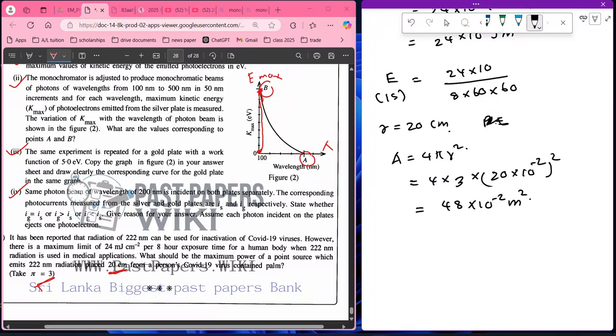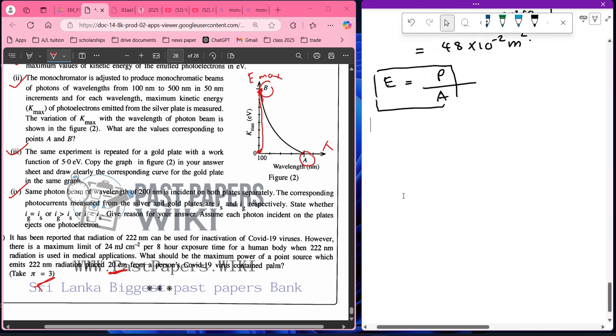So the energy per second passing through the unit surface area of the sphere is the power divided by that area.